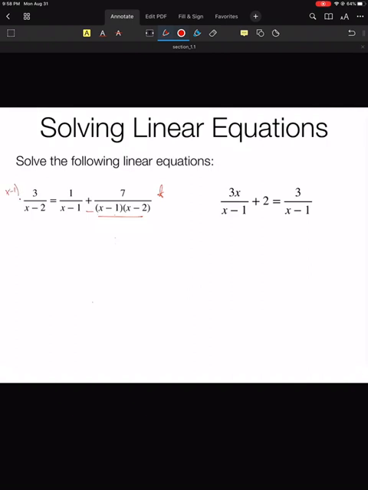So I need to multiply this left-hand side by x minus 1 over x minus 1. This middle term I need to multiply by x minus 2 over x minus 2. And I don't need to do anything to this 7 over blah, because it already is the least common multiple in the denominator.